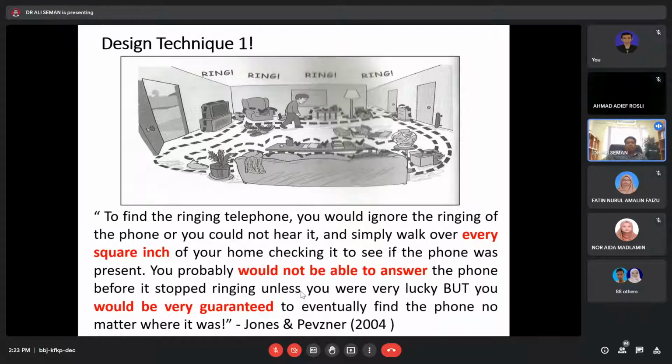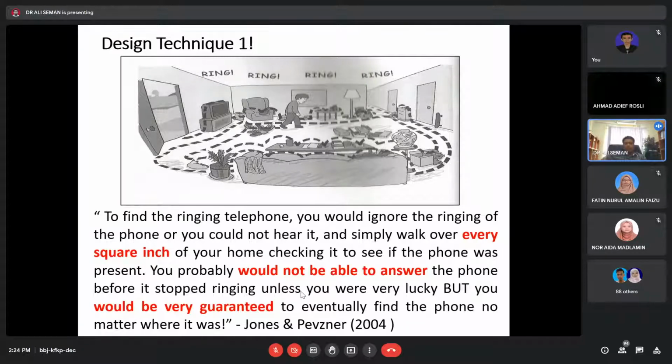Okay, based on this scenario and the problem, we can describe design technique 1. So the keyword here in the red color is every square inch, meaning that you try to find the phone and there's no advanced strategy, or maybe there's no strategy at all. What you need to do is just go over every square inch in order to find the phone.